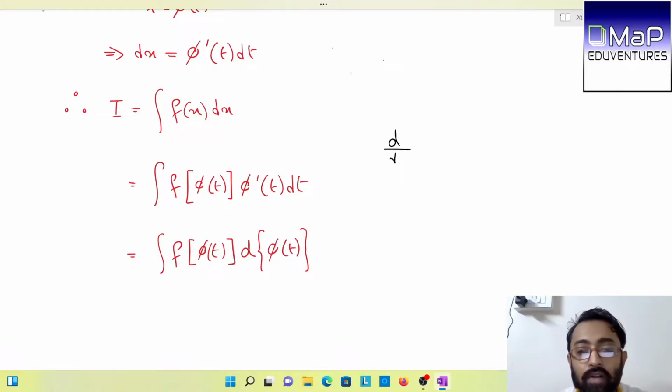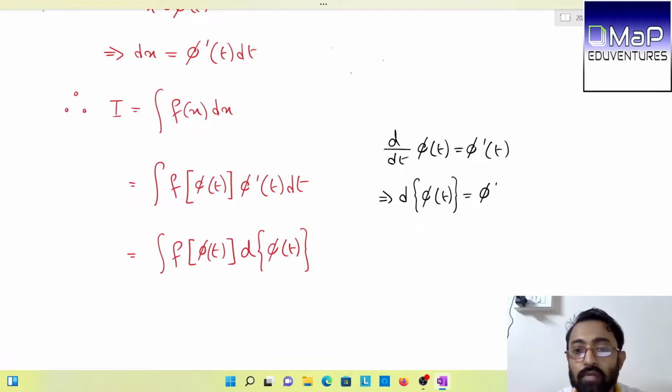If we differentiate d/dt of phi t, we are going to get what? Phi dash t. Okay, now if we send that dt to the right hand side, d of phi t will be equal to phi dash t dt. So in place of phi dash t dt, now we can write d of phi t.